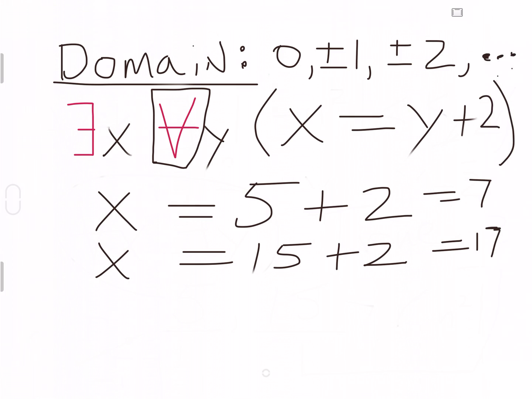But if x is equal to 7 and x is equal to 17, then that says that 7 is equal to 17.